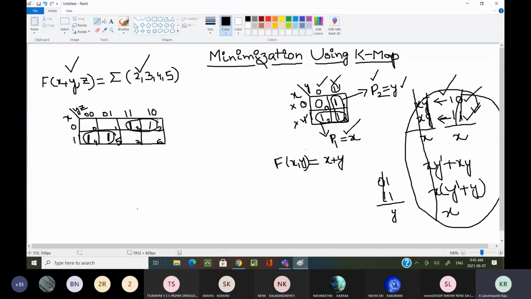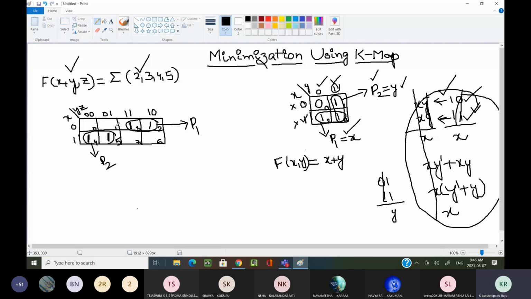Is there any other possibility? No. We have only these two possibilities, pair 1 and pair 2.